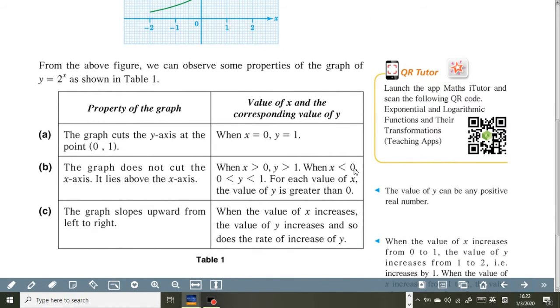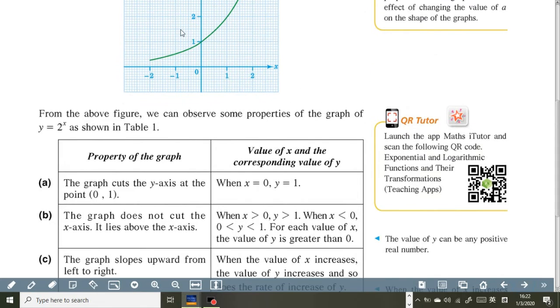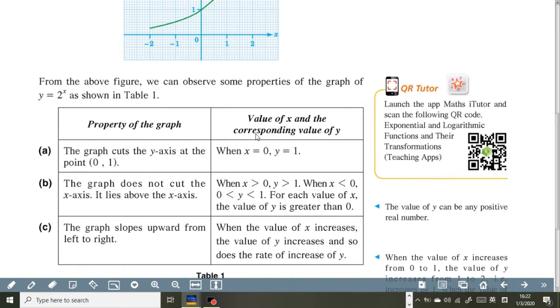But when x is less than 0, that means we consider the left hand side. You see the green points here all lie under the y value of 1. So when x is less than 0, y will be less than 1. But you cannot find that this will go down to pass through the x-axis, so y is also greater than 0.